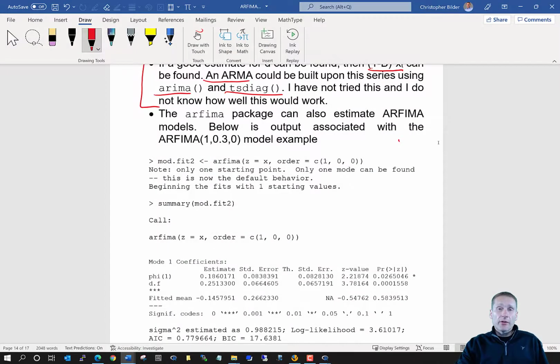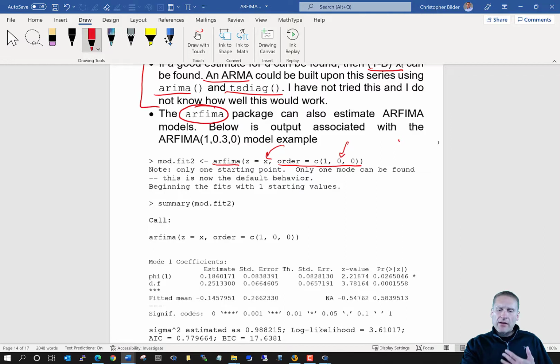Now, as I mentioned earlier, there are actually a couple of other packages out there that can estimate these ARFIMA models. Just to give you an idea of how these packages look or work, let's look at the arfima package itself. They have a function called arfima, where you put in your data and the corresponding order for your model.